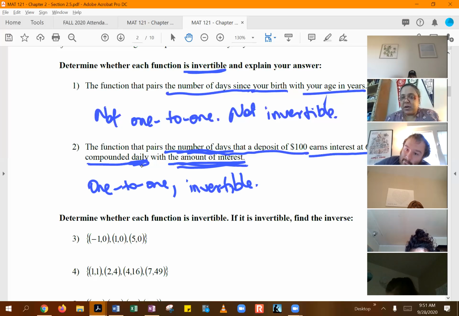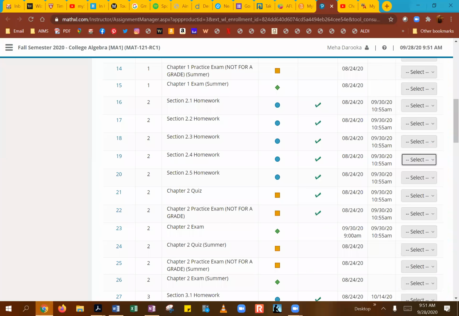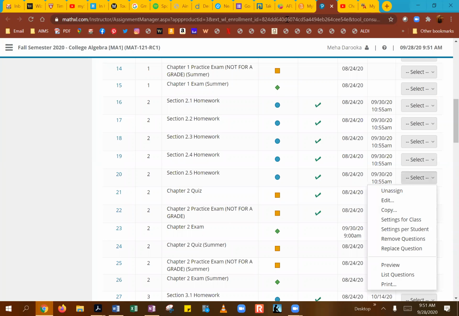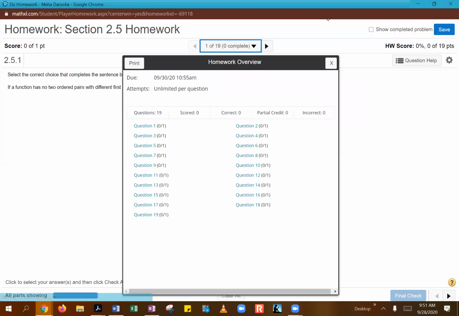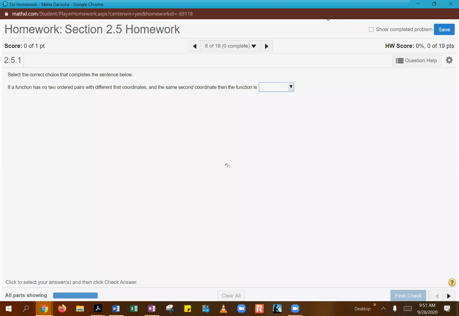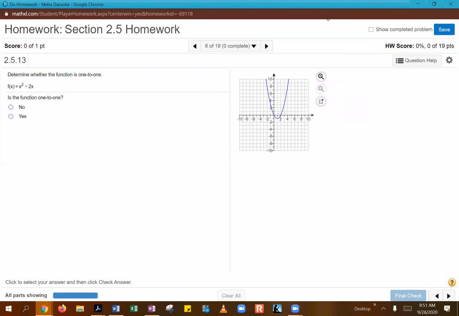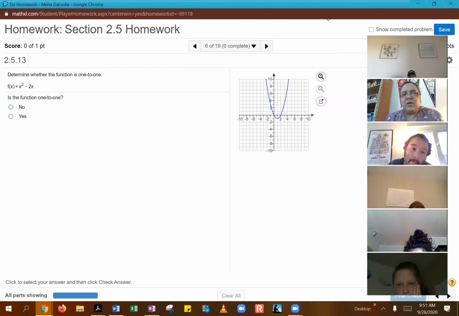Okay, so let's take a look at, again, some examples here from our homework. Okay, so you know how we use the vertical line test when we were trying to see if we had a function or not?